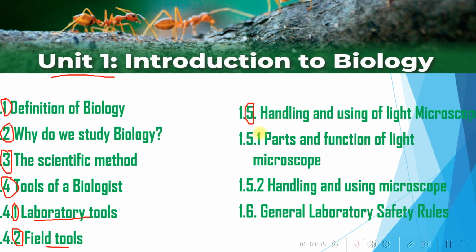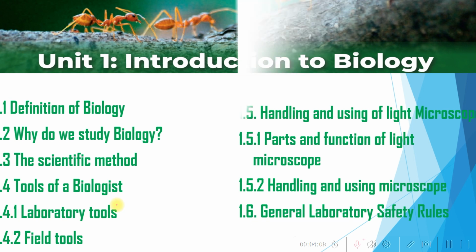Under this, we'll talk about two main points: the first, parts and function of the light microscope, and 1.52, handling and using of the microscope. At 1.6, the sixth main point of unit 1, general laboratory safety rules. These are the frameworks, the total content of unit 1.